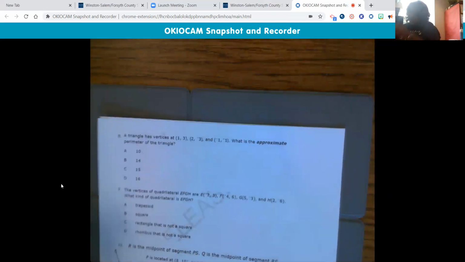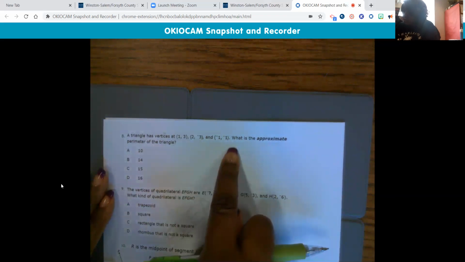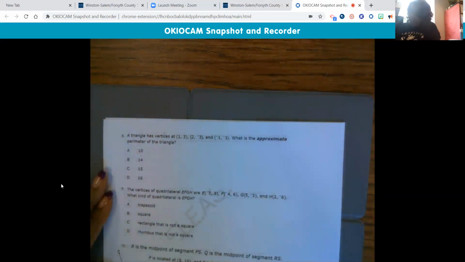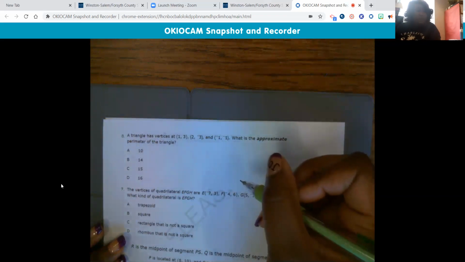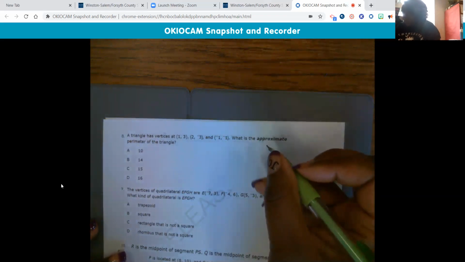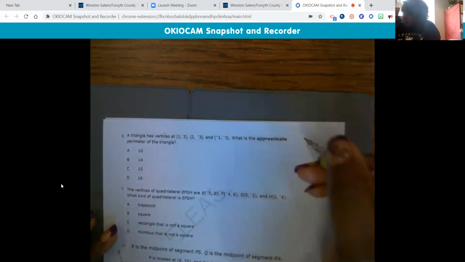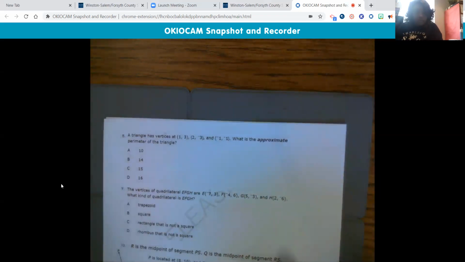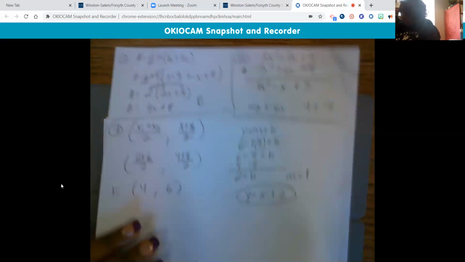Number 8. It says the triangle has these vertices. What is the perimeter? A couple of things you could do here: you could use the distance formula, and I'm going to draw this out to the side.